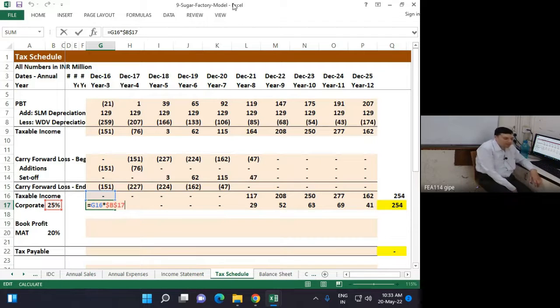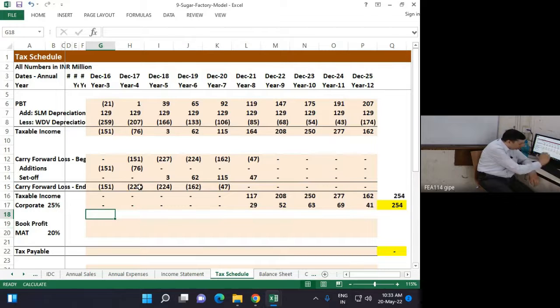Have you got it till here? So we are still left with MAT, then set off of the MAT credit, and then computing the deferred tax. So let's take a break here, and then post the break, we will complete the tax schedule, and hopefully we'll also complete the entire model by the next break.